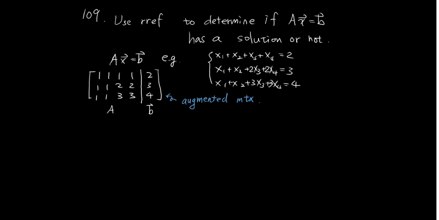So we use this augmented matrix to represent an equation, and it doesn't lose any information, right? It just omits x1, x2, x3, and x4, and you know what they are. So a system of equations is the same as the augmented matrix.